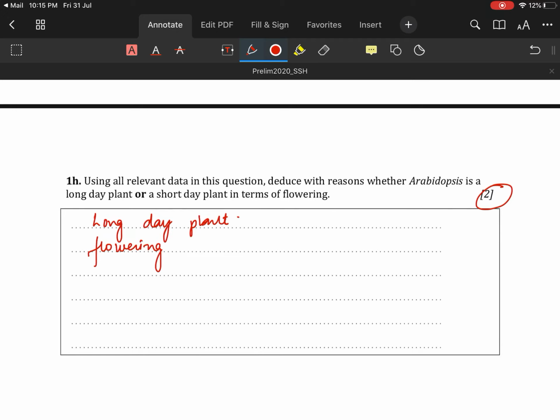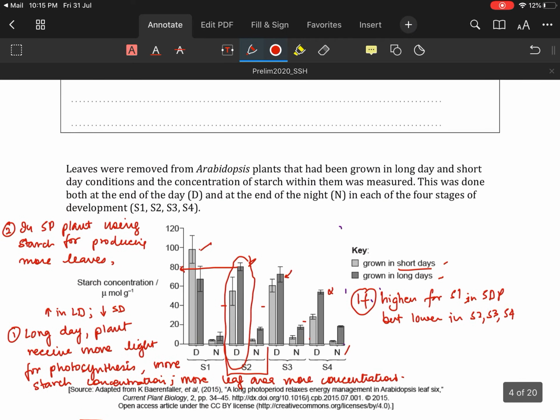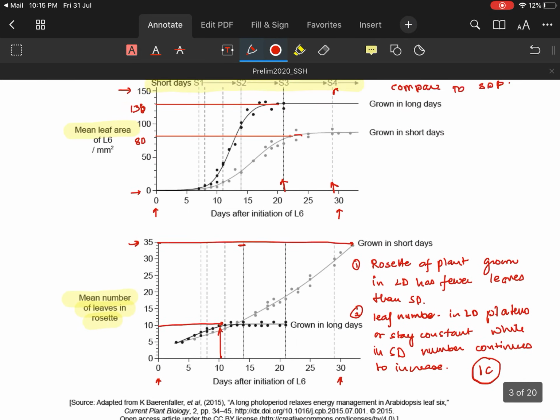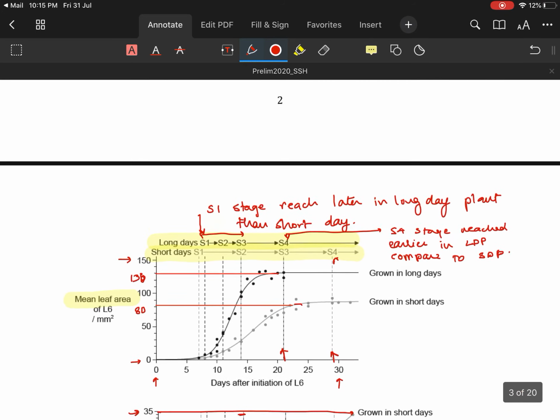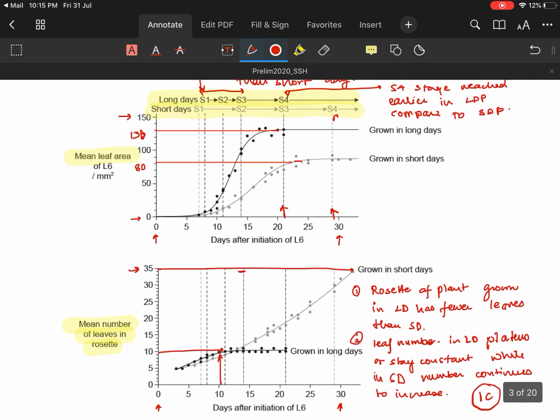First evidence I can give from this graph, flowering hormone metabolism gene overrepresented in long day, right? Looking at this graph, if I see the number of leaves, because we know that the flowering is happening on the top and the leaves are there.